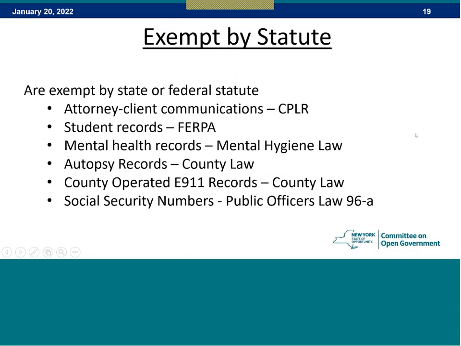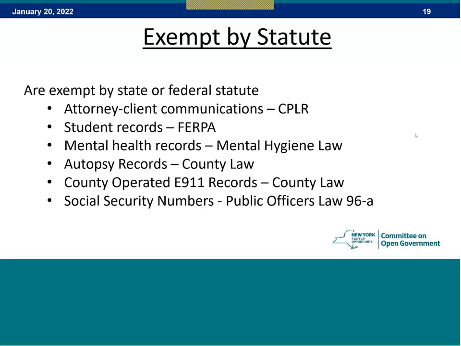So the first statutory ground for denial of access is when a record is exempt by state or federal statute. Some examples is when a communication is confidential pursuant to the attorney-client privilege, and the statute that makes those communications confidential is Civil Practice Law and Rules.